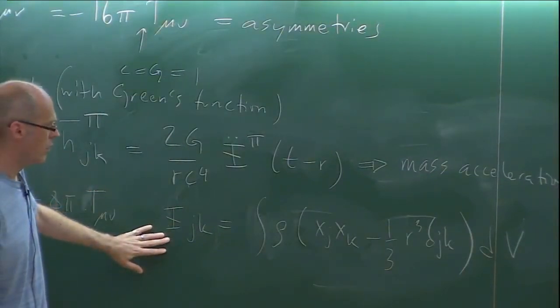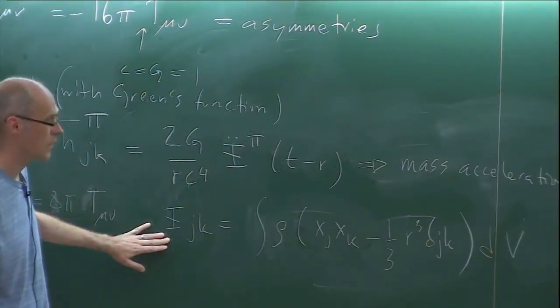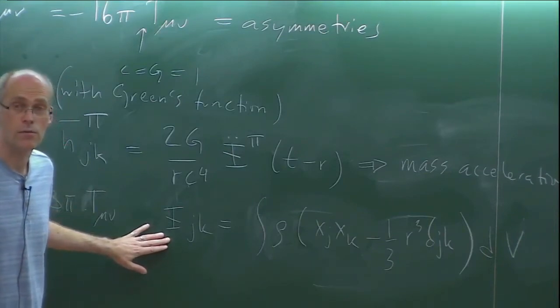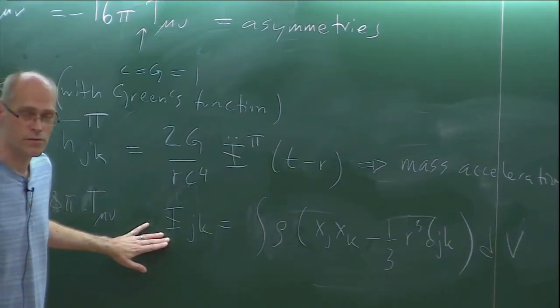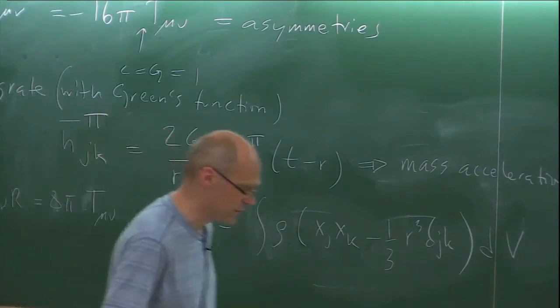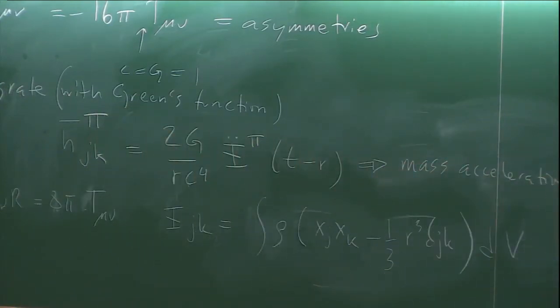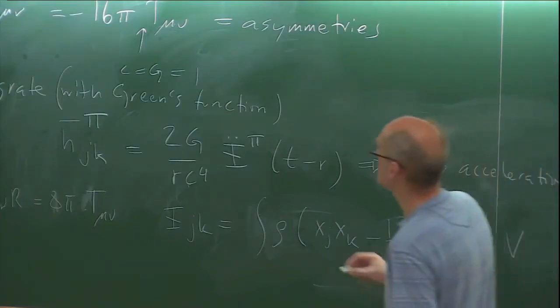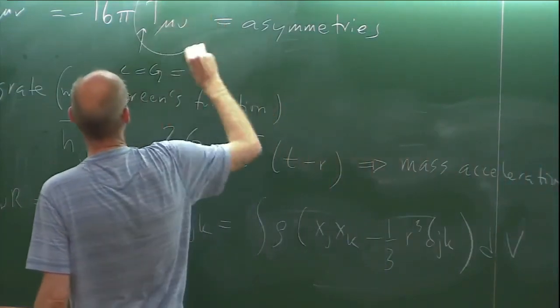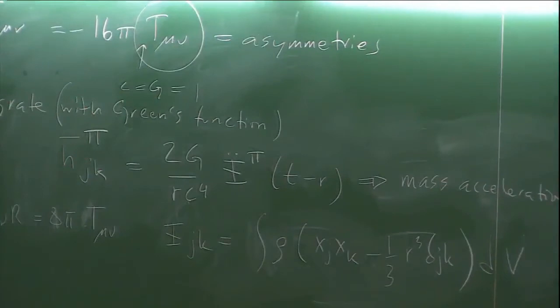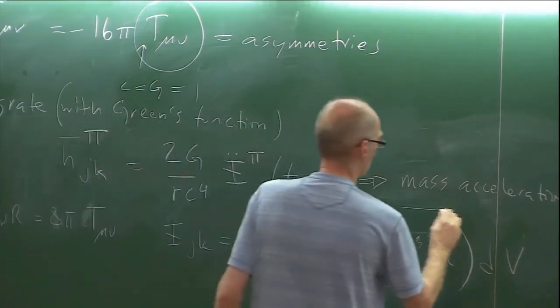So right now, I'm going to stop here with this sort of strand of the discussion. What I want to do next is start asking, okay, how do I work out the connection between this T mu nu, the stress energy tensor, and the acceleration down here?